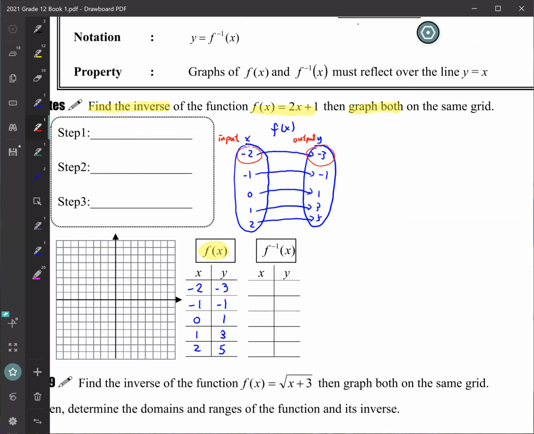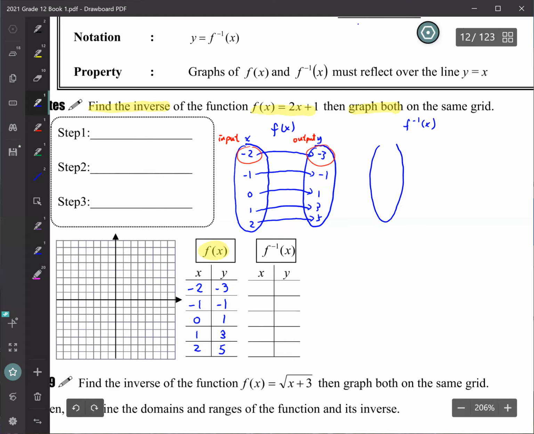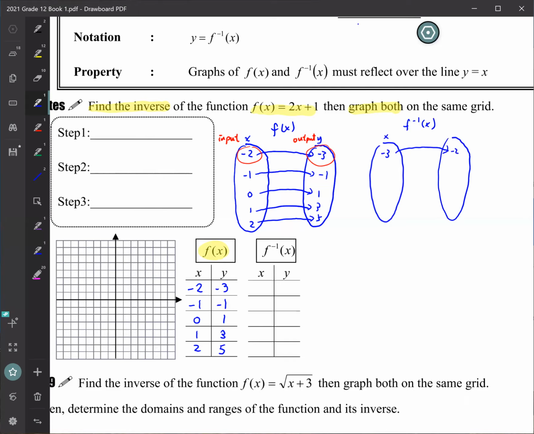So I want to use -3 as input, and I want to get the -2 out. So we're kind of switching the roles of x and y. It used to be y, now we treat it as x. I want to know what that formula will be. That's what inverse means. We'll continue on this topic after the break, so you can think about it over the break.